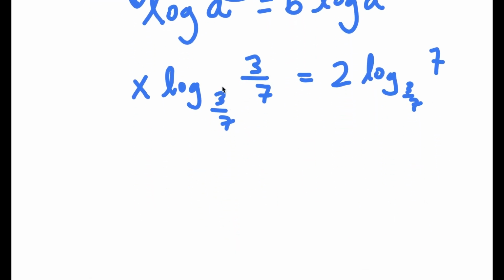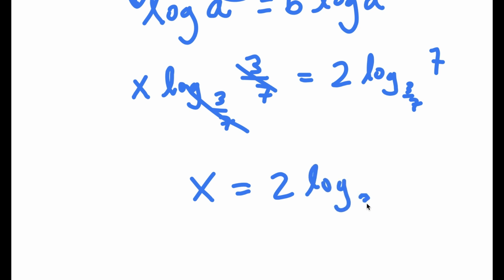And now these two actually cancel out, log base 3 over 7 of 3 over 7. So now I'm just left with x is equal to 2 times log base 3 over 7 of 7.